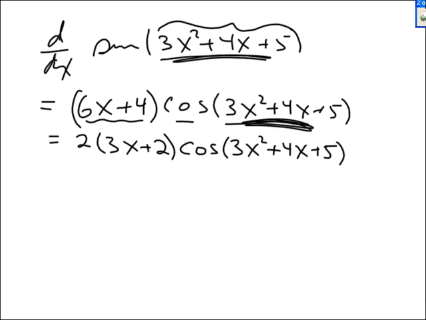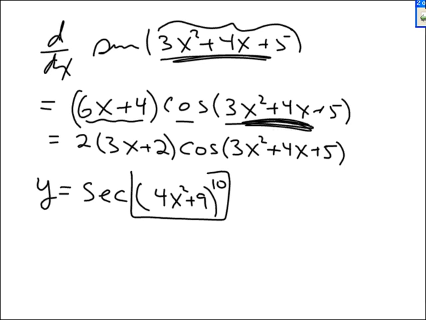Okay. If you were asked to find the derivative of y equals the secant of 4x squared plus 9 to the 10th power, all of this is the angle. Y prime will equal the derivative of the angle.